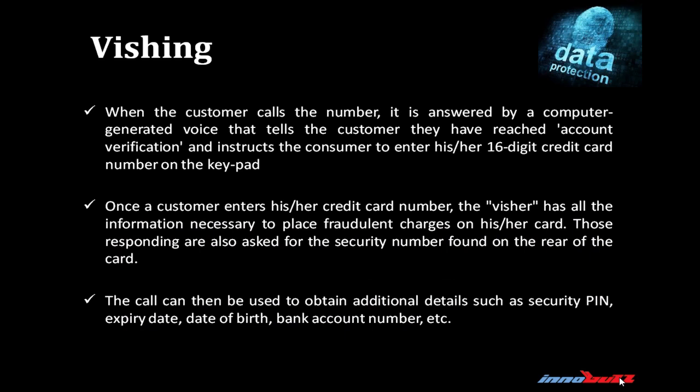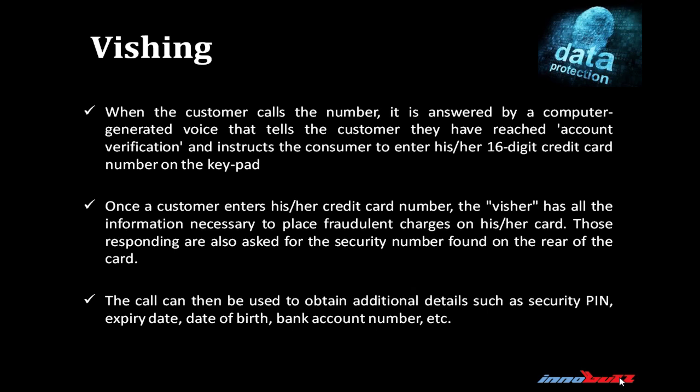When the customer calls the number, it is answered by a computer-generated voice that tells the customer they have reached account verification and instructs the customer to enter his or her 16-digit credit card number on the keypad. Once the customer enters the credit card number, the visher has all the information necessary to place a fraudulent charge on the card.